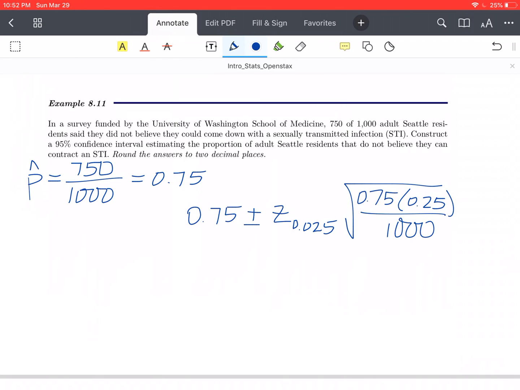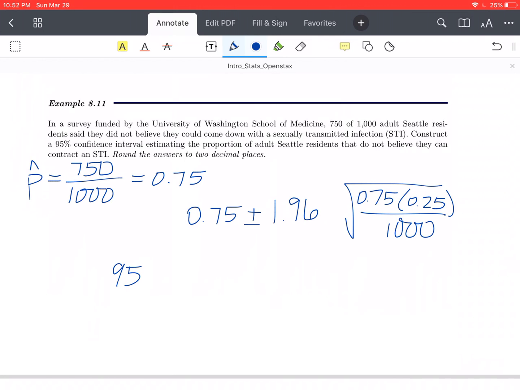Okay, z sub 0.025, right? If we go find that corresponding z-score, we've seen this one before. This is about 1.96. And then we can just plug and chug these numbers.